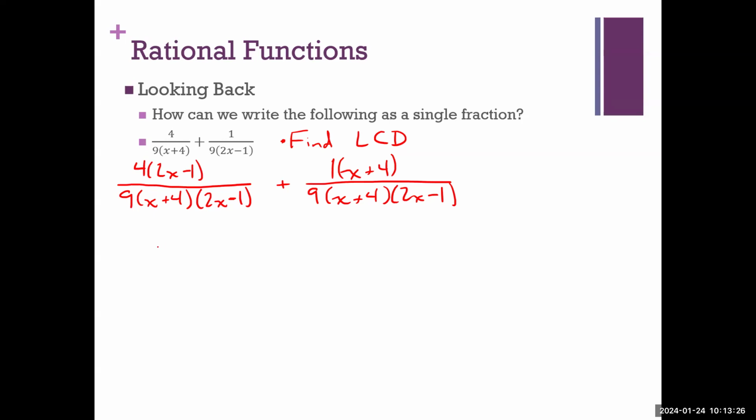Okay, so let's expand those. So 8x minus 4 plus x plus 4 over 9 times x plus 4 times 2x minus 1. So what happens here?